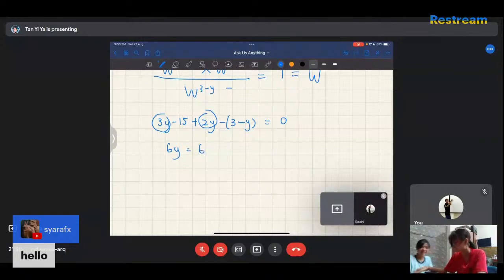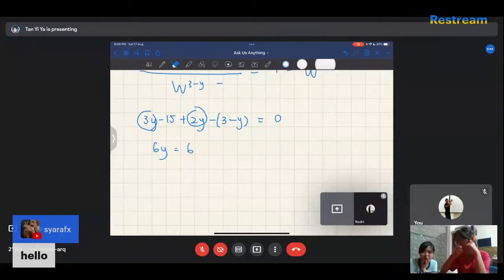Negative 3. It's 6, right? Never mind. We will do it. 2y negative 3 plus y equals 0. 6y will be 15.